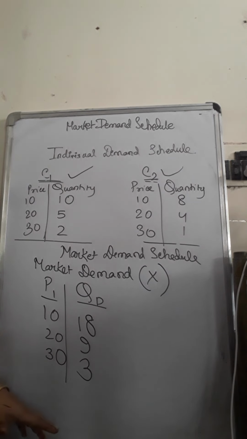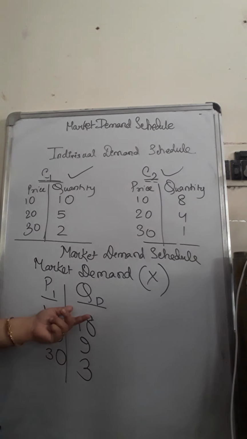So how will you get an idea? If you see the market demand schedule, this is known as the market demand schedule. Why? Because it is also a tabular representation. Any kind of representation in table form is known as a schedule in economics. So price and quantity demanded with the respective prices are given to you, and these are the market prices.